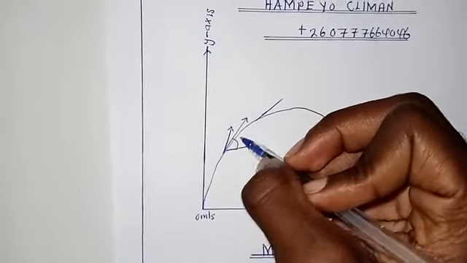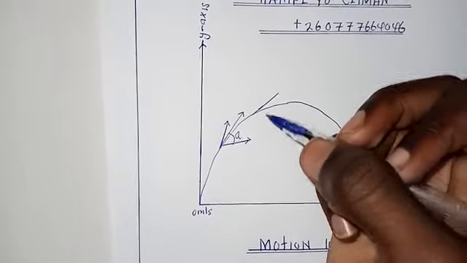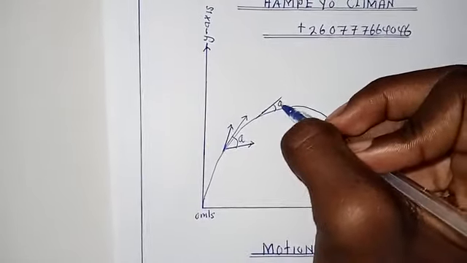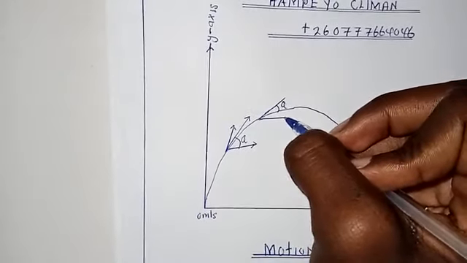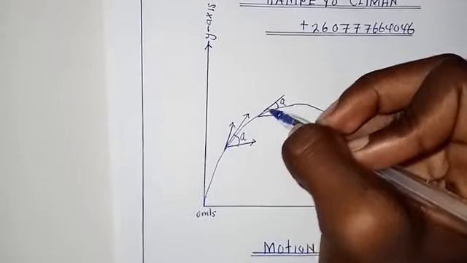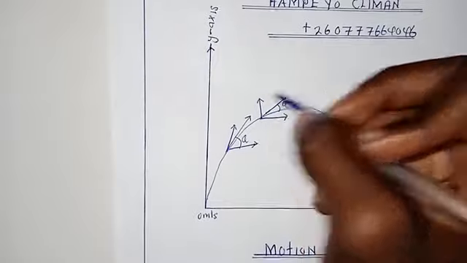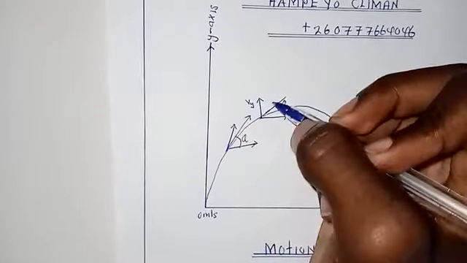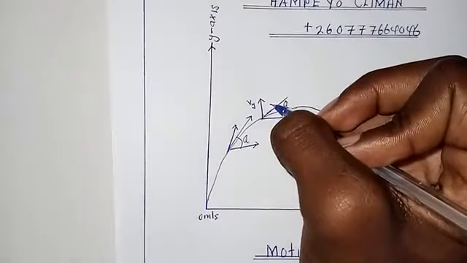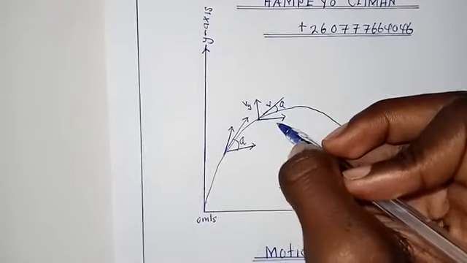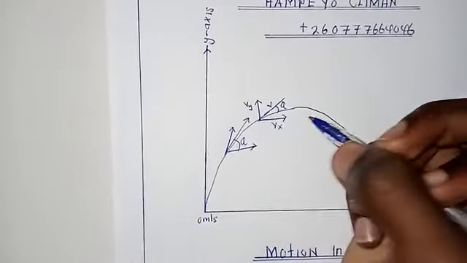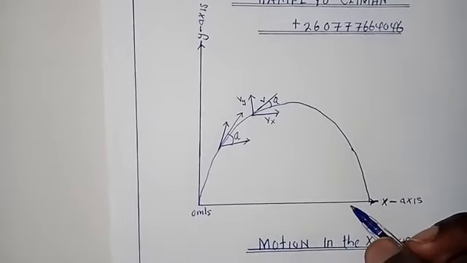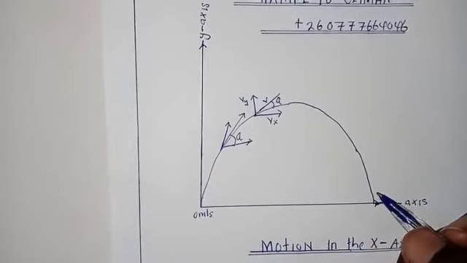So you may have some angle theta here, right? You also have some angle theta here. Then this is y. So this is vy, or the component of the velocity in the y. Then this is going to be vx, or the component of velocity in the x.